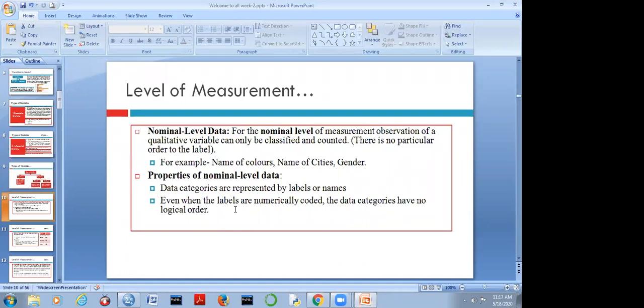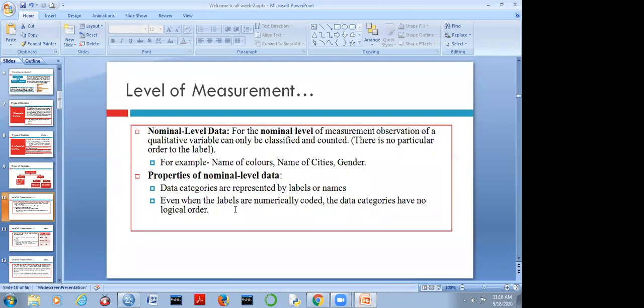And level of measurement generally we measure in 4 ways. One is nominal level data, number 2 ordinal level data, number 3 interval level data, and number 4 ratio level data. ये 4 तरह के level of measurements हैं. ठीक है, कोई भी अगर आपसे पूछता है, what is the level of measurement, you should easily tell: level of measurement means we can identify the level of our data, what is the nature of data.